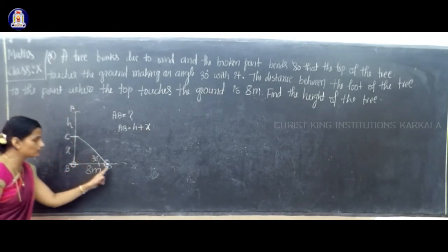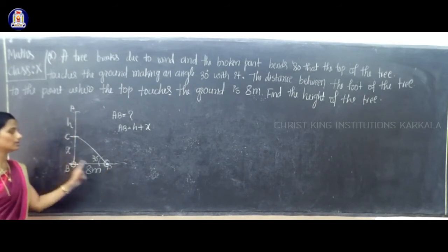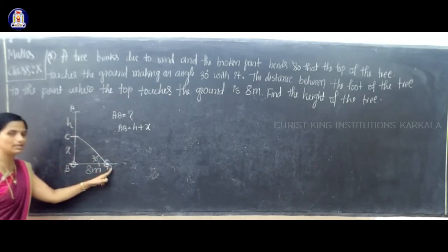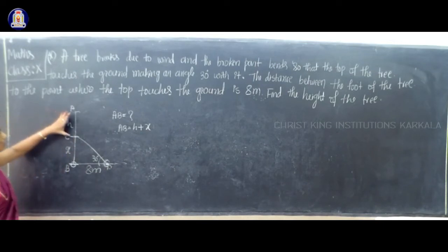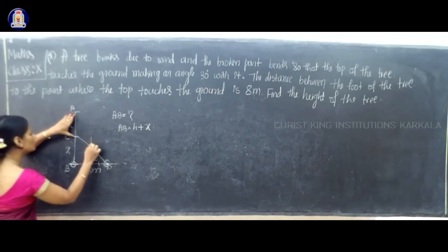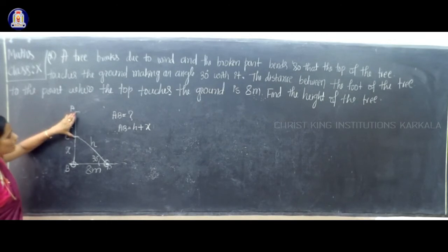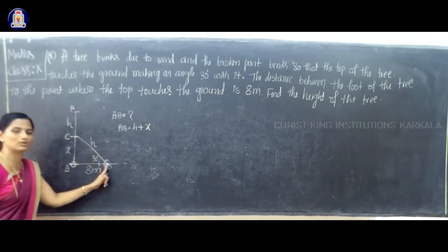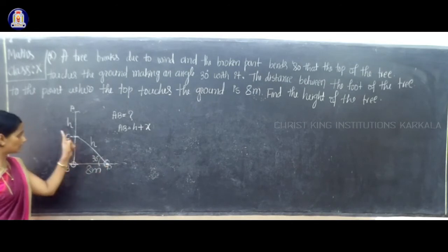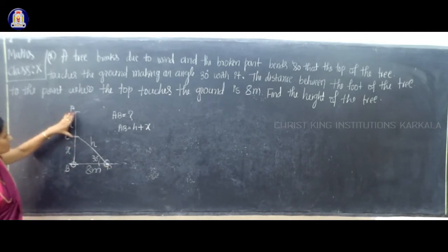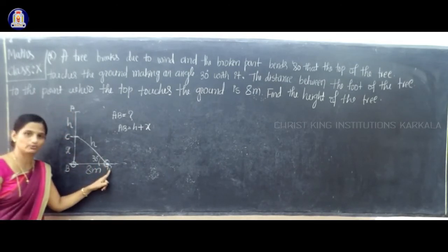Now what is the value of CD? CD is equal to AC. Can I write this is equal to H? Yes. Whatever is the broken part, the same part makes with the ground. So therefore the length of AC is equal to the length of CD.